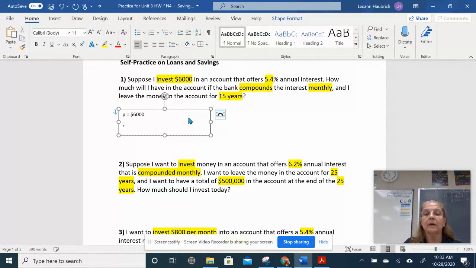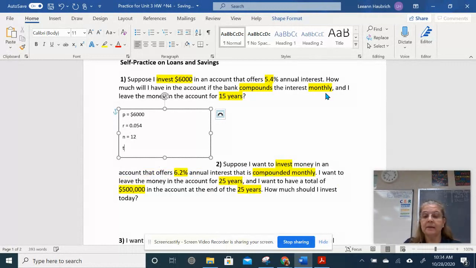So R equals 0.054, so that it is in that same format that we need. And I keep reading, compounded monthly, that's the N. The N is 12 times for the year, and the T in this case is going to equal 15 years.